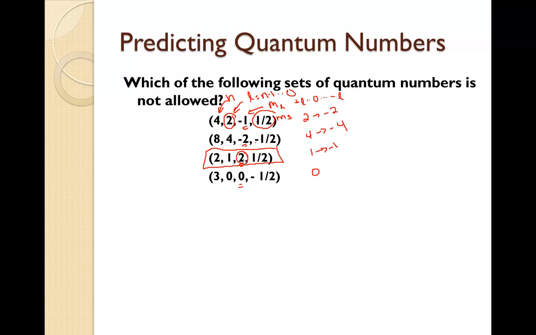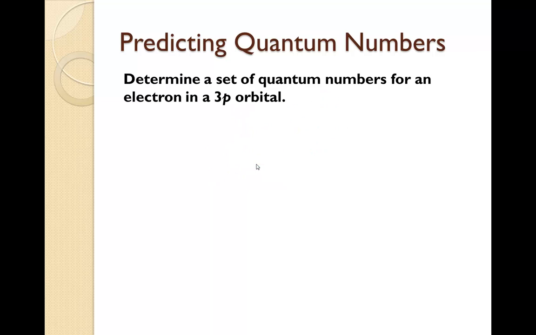And then finally, let's talk about breaking the electron configuration down to quantum numbers. So if we want to break this down to 3p, we know that 3 is N and P is L. And this means L is equal to 1. So that means our first numbers are 3 and 1.